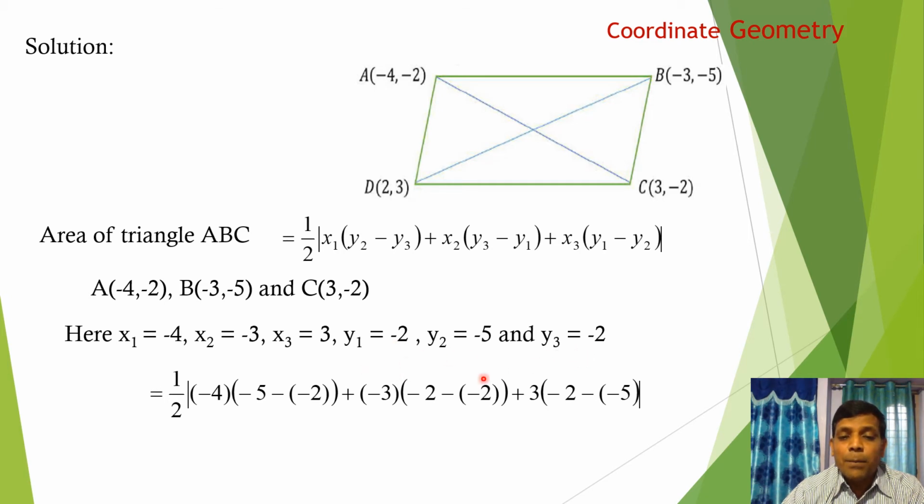This is written as minus 2 minus of minus 2, plus x3, x3 means 3, into y1 minus y2, y1 minus y2.